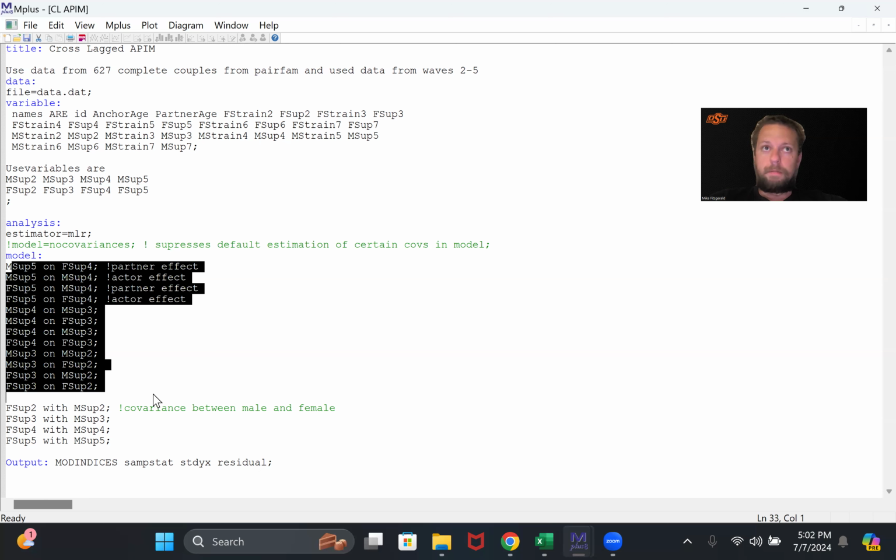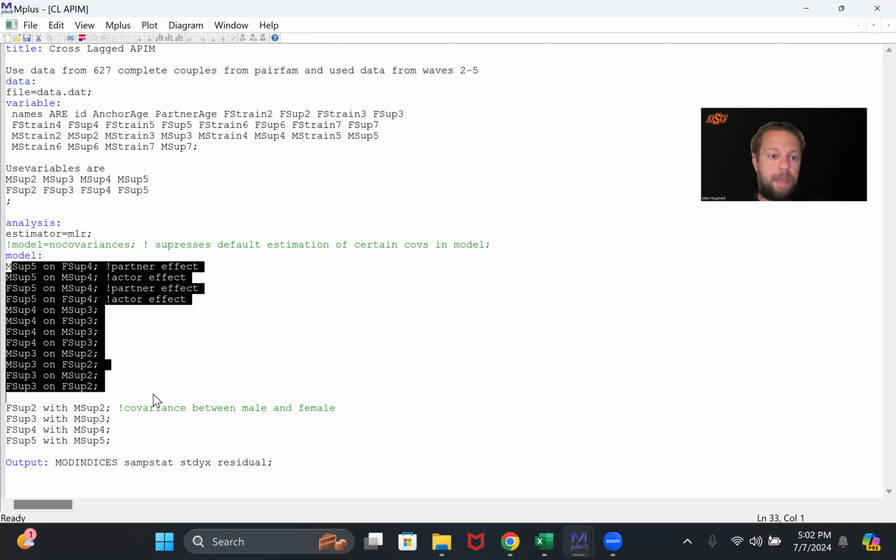We are only measuring the effects of support at wave 4, predicting wave 5 from both actor and partner, both members of the dyad. So that means we are assuming that the effects from wave 3 to wave 5 are mediated completely through the effects of wave 4, and that there are no leftover effects from wave 3 predicting wave 5 variance above and beyond what is accounted for by wave 4.